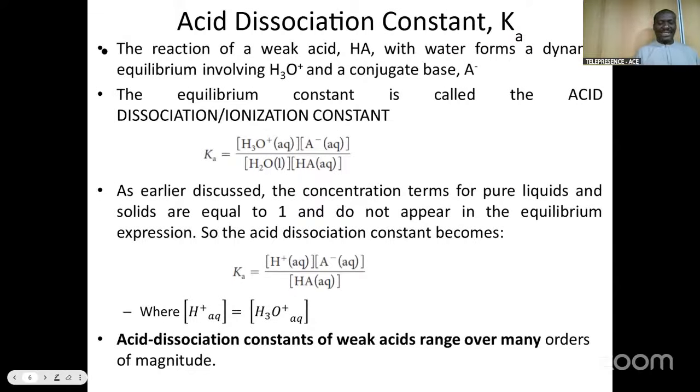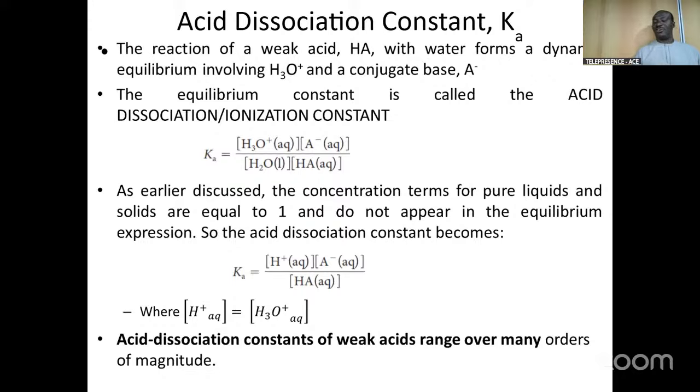Dealing with a weak acid now, how do we determine the equilibrium constant? The equilibrium constant for the dissociation of a weak acid is otherwise known as the acid dissociation constant.